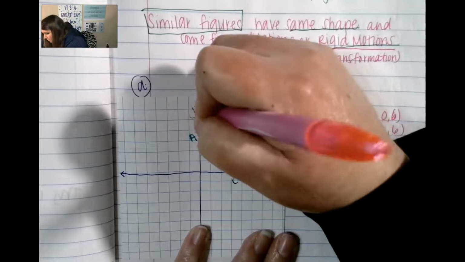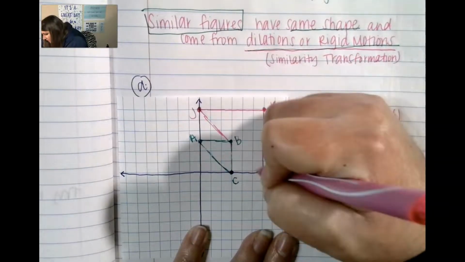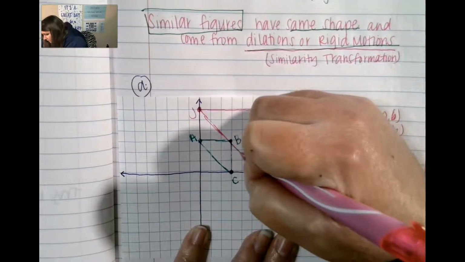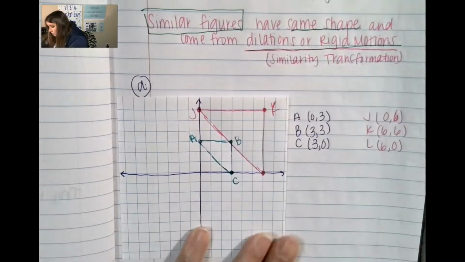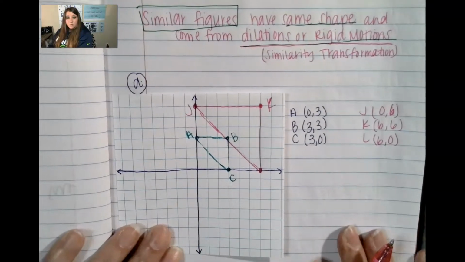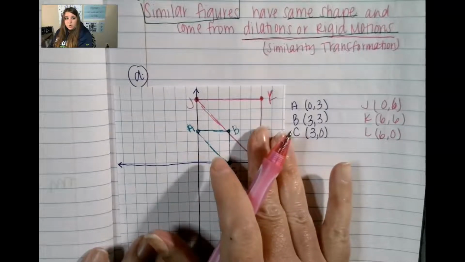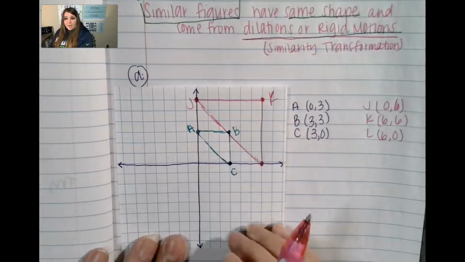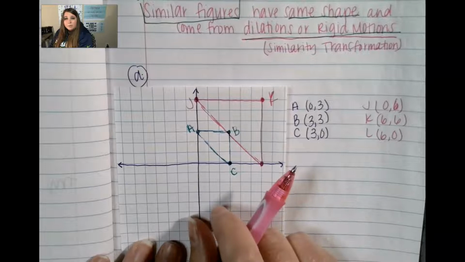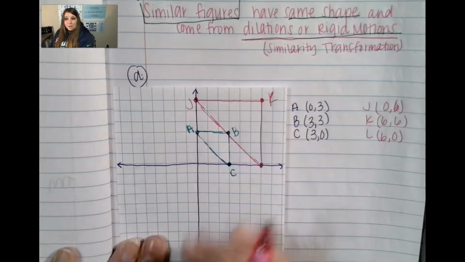And we want to know, are these similar? Are these two similar figures? Is triangle ABC similar to triangle JKL? Well, our job is to think about proportions. Are they the same shape?